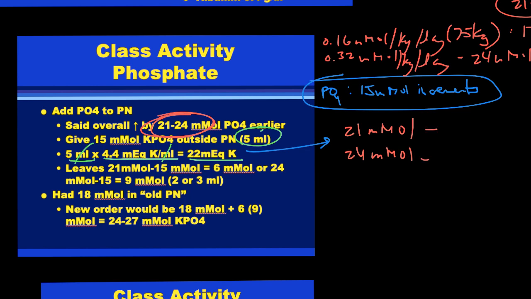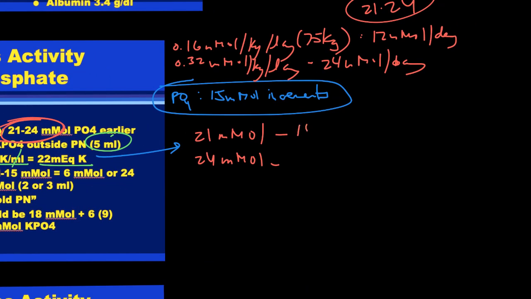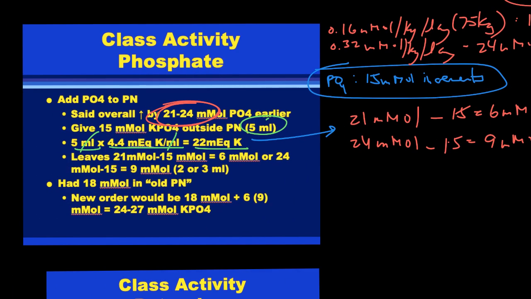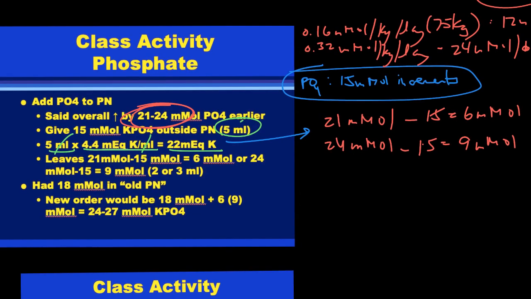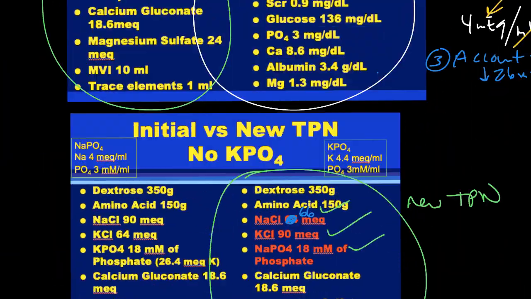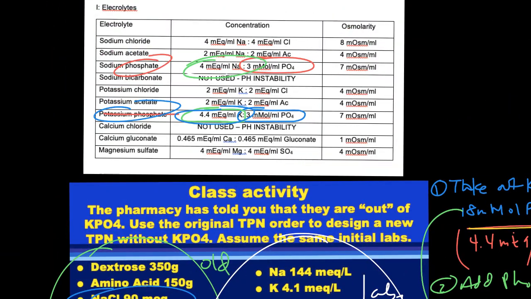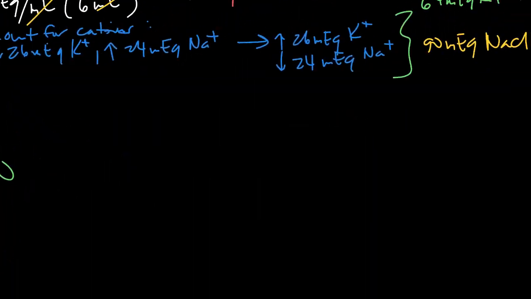If we take out 15 from both, 21 minus 15 is 6 millimoles of phosphate, and 24 minus 15 is 9 millimoles of phosphate. How many milliliters is that? You know that phosphate comes in 3 millimoles per milliliter.